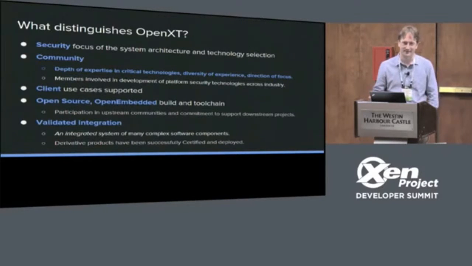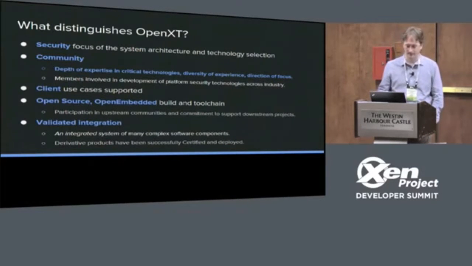It is tested, and the results of testing acted upon and fixed. So you end up with a functioning, integrated system at the end of it. And then we stand in support of that for our derivative projects, the members of the community who take that OpenXT-based software, customize it for their own use cases, and go and build products with it.